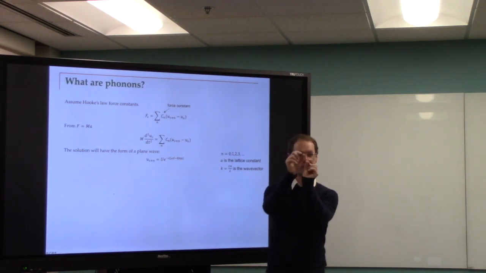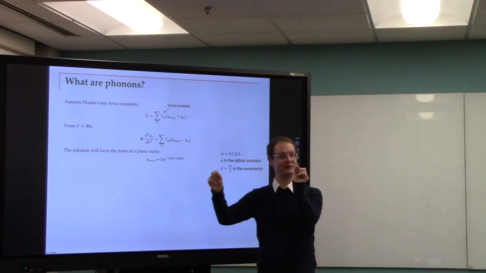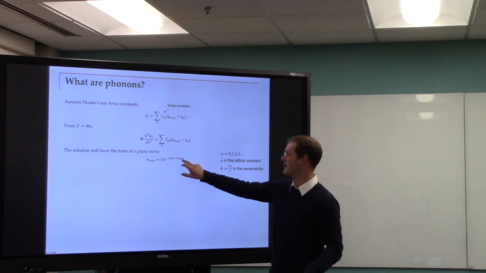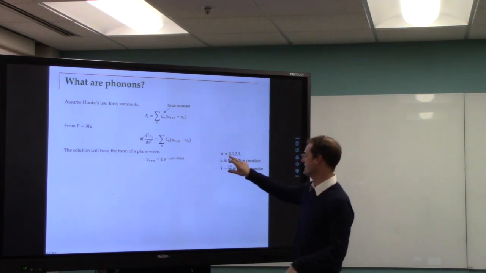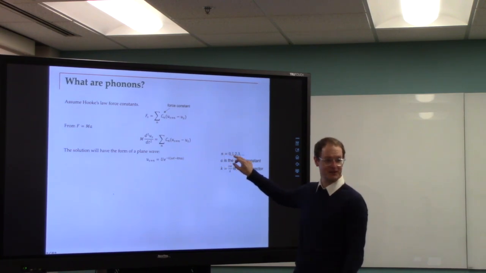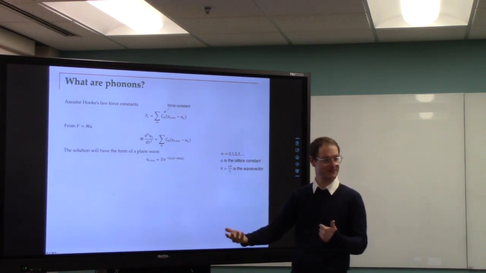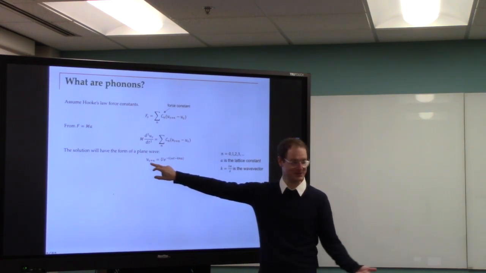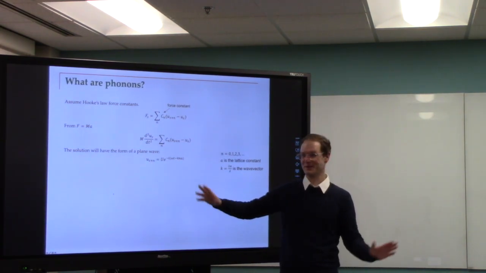You have a displacement for each individual atom. So you don't have a continuous variable x, you have n times a, where n is an integer and a is the lattice constant. Each value of n specifies a different atom. So this is the displacement for the nth atom away from atom s, basically. Okay, does that make sense?